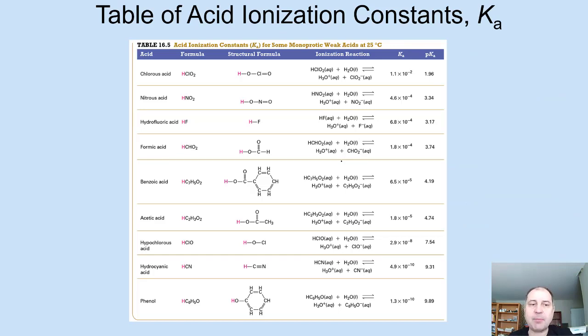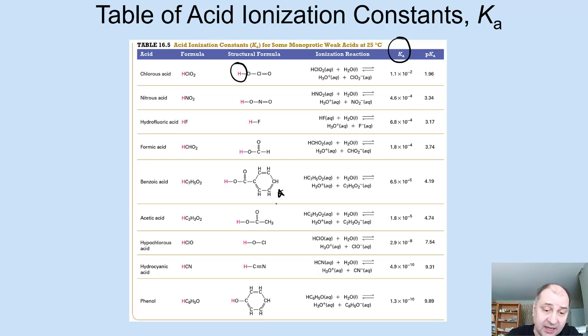So this is a table of weak acids, and so you will be provided with that table, and so these Kas here, you should be able to look at that number and distinguish how strong these acids are, right? So the smaller the equilibrium constant, the weaker the acid here, right? So these are listed from strongest to weakest, and I told you you wouldn't have to worry about how many hydrogens can come off here, right?